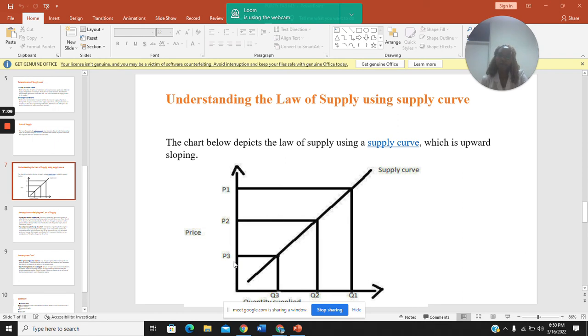And when the price rises from P3 to P2, the supplier will offer Q2. So that is the implication of when the price rises, the quantity of supply will increase.